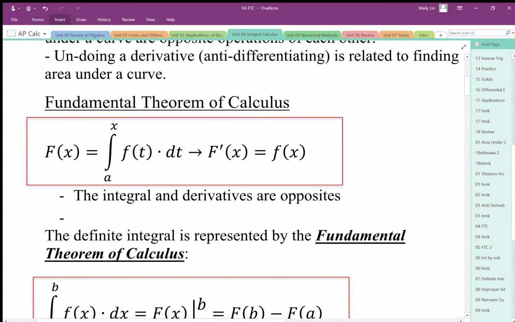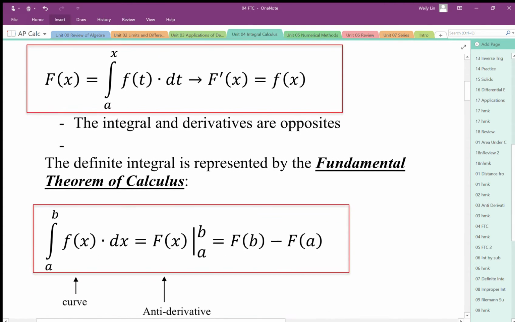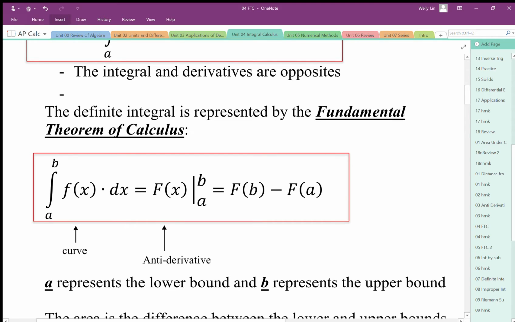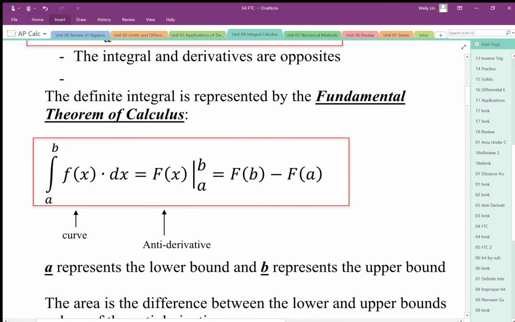Like this idea of add and subtract being opposites. We can also connect this to the idea of area. When we talk about the area underneath a curve, if I take this curve f of x and multiply it by dx, I find the area of each one of those rectangles. I sum up that area, that's the total area under the curve.